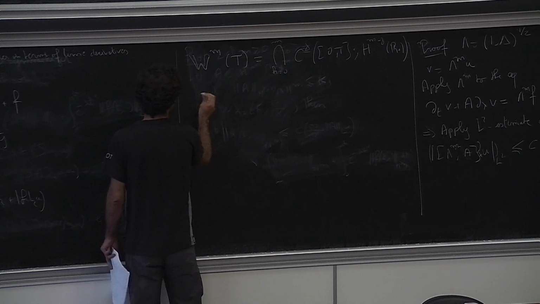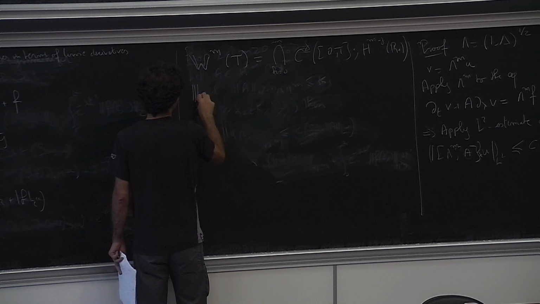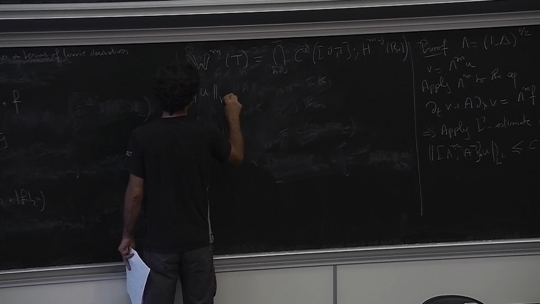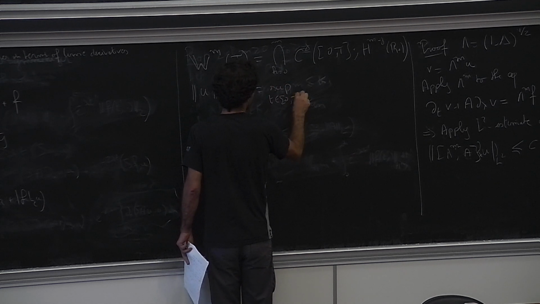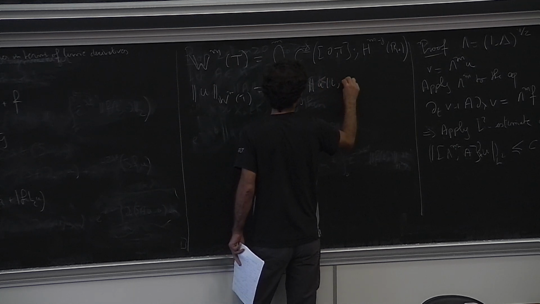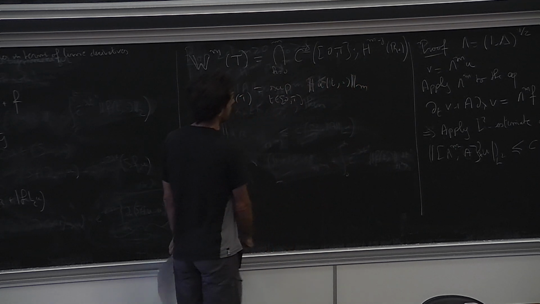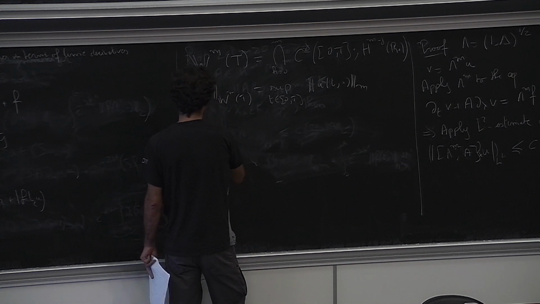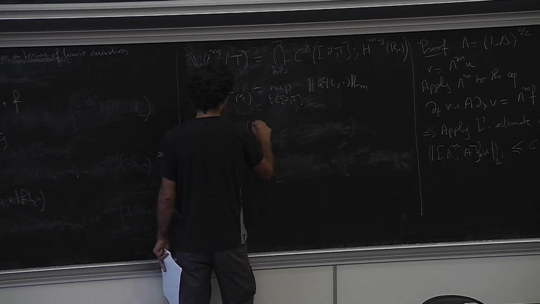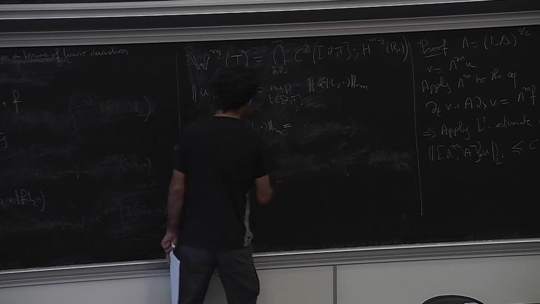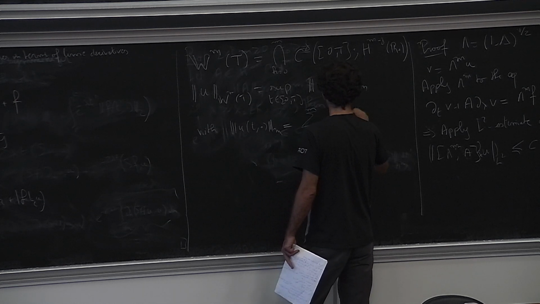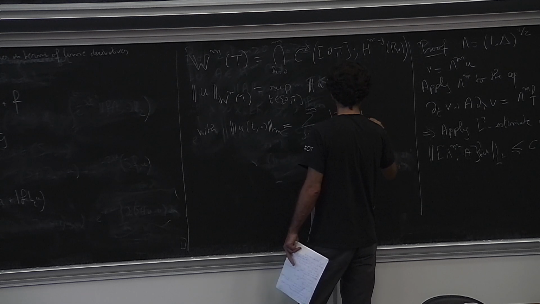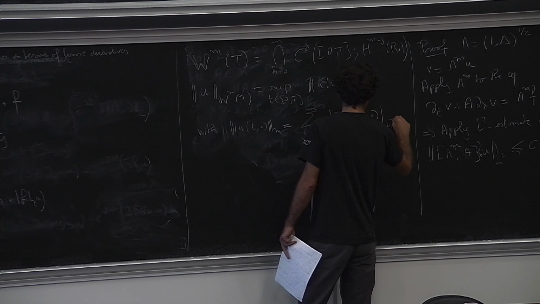And we define the norm of u in this space W^m(T) to be the sup over t in (0,T) of this triple norm, I am not responsible for this notation, which is the sum over j equal to 0 to m of dt^j of u of t in H^(m-j).